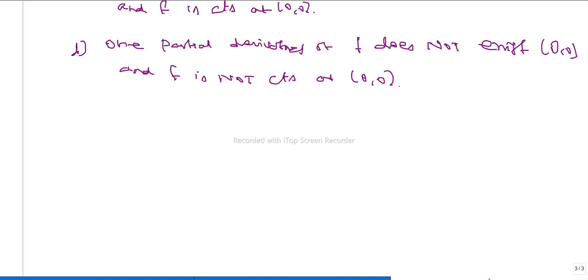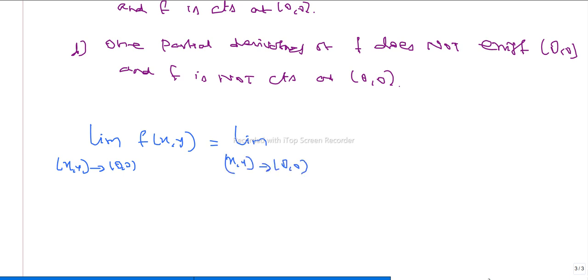Along the path, what we have to check is the limit as (x, y) goes to (0, 0) of f(x, y). It should be 0 if it is f(0, 0). But what is this limit? f(x, y) is nothing but x square y by x power 4 plus y square.